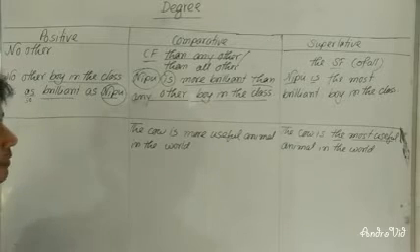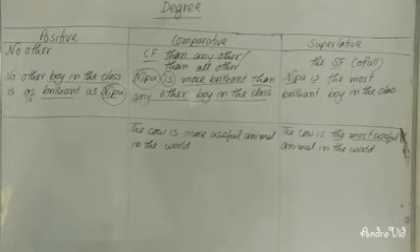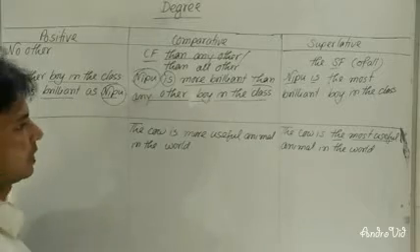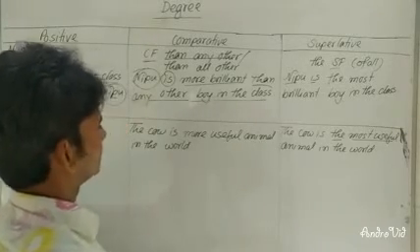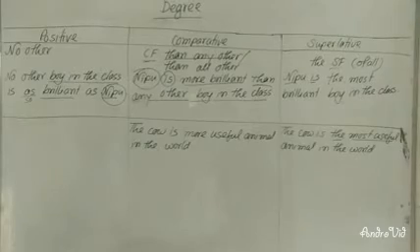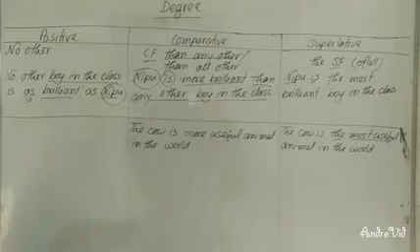Rather than "the cow is more useful animal in the world", if you write here like this, it is a wrong sentence.